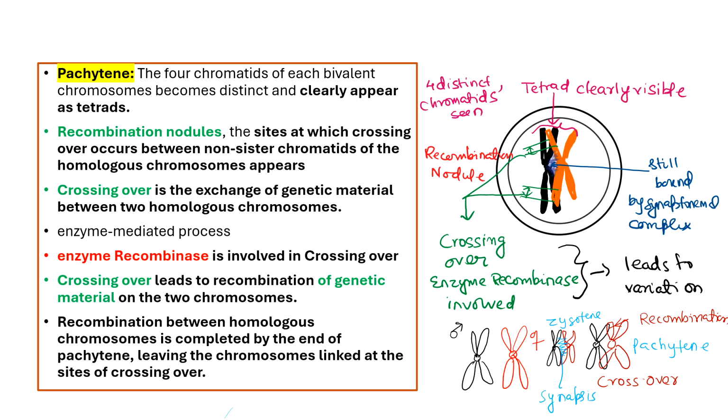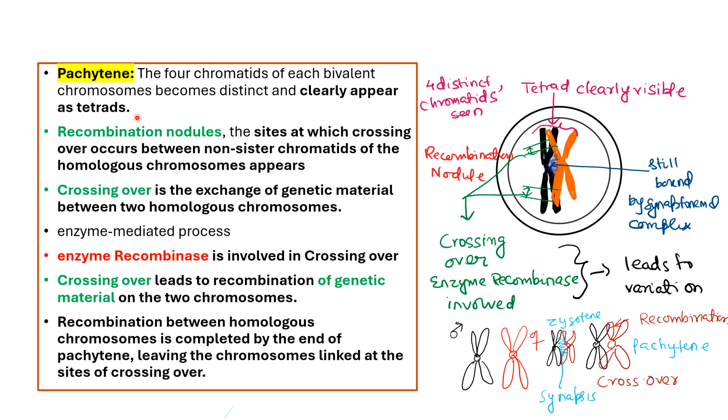Look, now this diagram is showing the crossover, or the exchange of genetic information or genes, between the non-sister chromatids, that is between the chromatids of the paternal chromosome and the maternal chromosome. This crossover takes place with the formation of the recombination nodule, and the enzyme recombinase is involved in crossing over. It's a very important thing. So where is the recombination nodule found? The recombination nodule is found in pachytene.